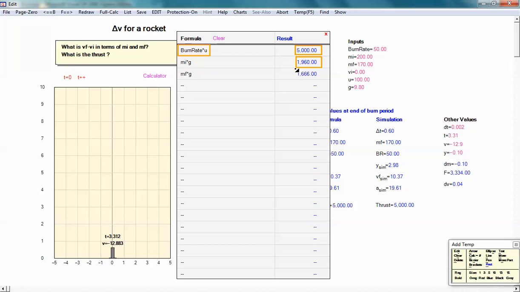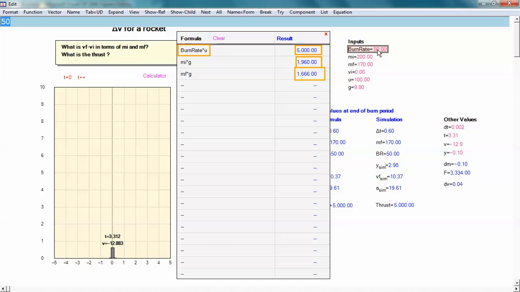Now remember, the mass of the rocket and fuel complex is changing over time, so its final weight is 1,666 newtons. Let's do a little experiment here. Let's go over here to our burn rate and make our burn rate 1,960 divided by u.